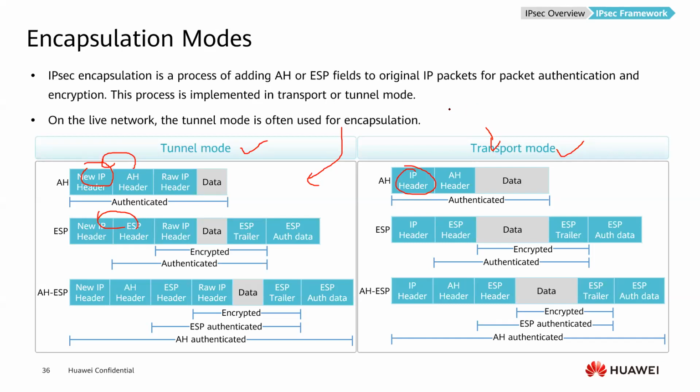For example, there will be a PC here, there will be a router which will be used to create the IPsec tunnel, and another router. Between them, you create the IPsec tunnel, and then another PC2. You are going to use the tunnel mode when PC1 wants to send to PC2.